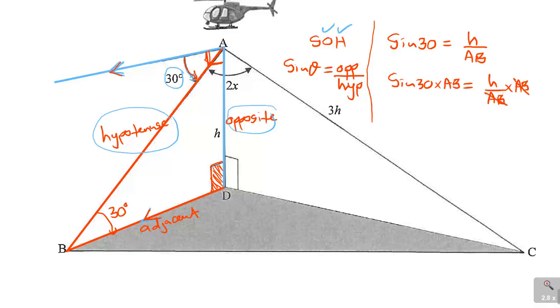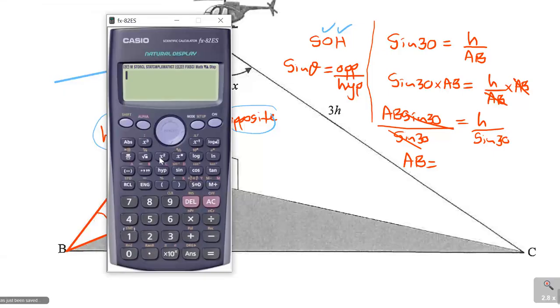And then what you'll have now is AB sin 30 is equal to H. So you can therefore divide by sin 30 to remain with AB. So what you have therefore is AB is equal to H over sin 30. Now if you check with the calculator what is sin 30, you will have sine 30 is equal to 1 over 2.